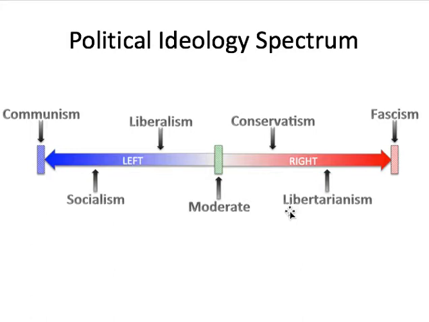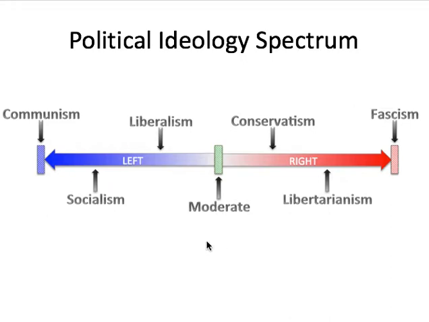On the conservative side, we hear more calls for libertarianism, for restricting the government more and more. So there's definitely a pull on both sides from the people who are more left or more right to pull their party one way or another. And it's that constant struggle between both of them of trying to figure out where that middle ground is.